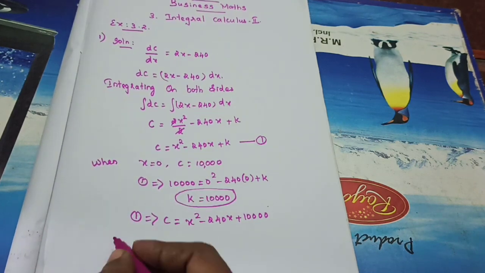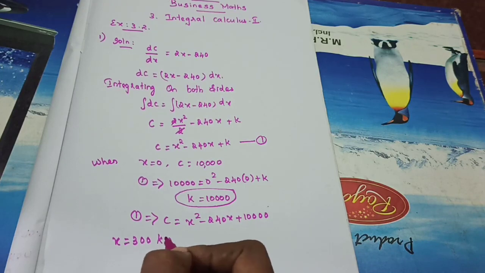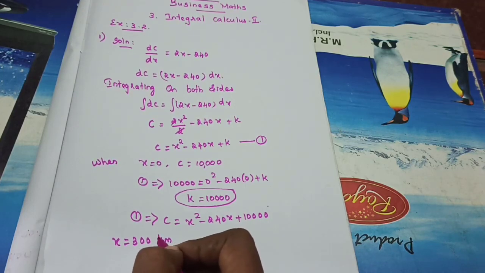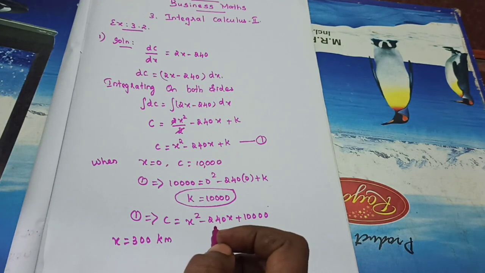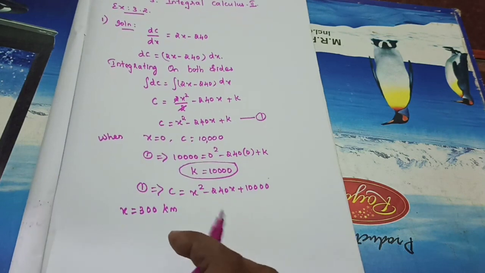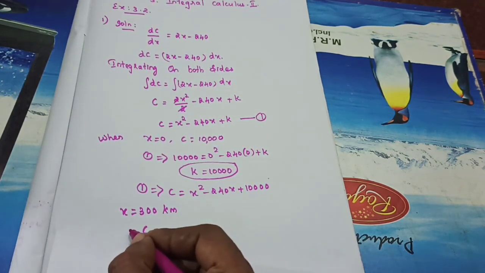x is given as 300 kilometer. The question says hours, but it's not hours, it's kilometers; it's a mistake. So in the place of x you substitute 300.